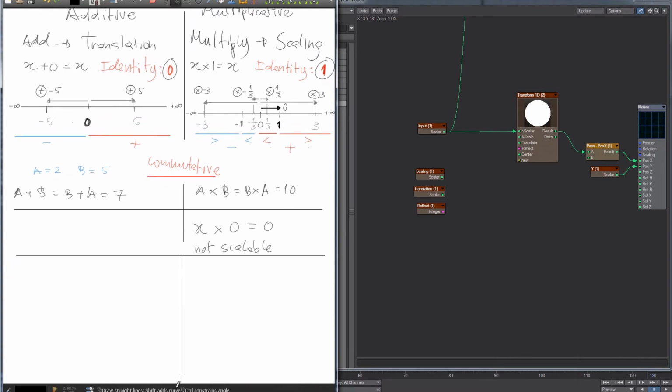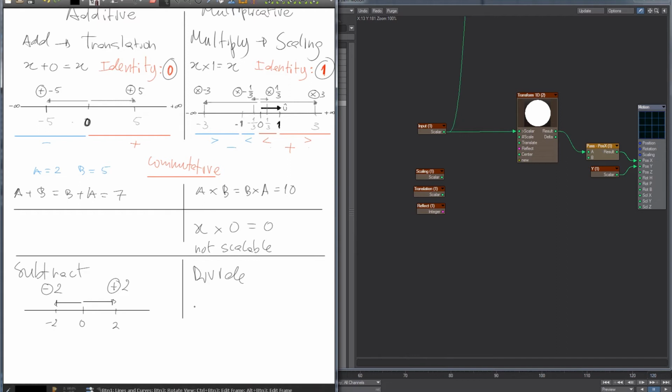Okay, so now I'm going to look into the inverse operations. And so on this side, we have the subtract node, and on this side I have the divide node. And so they perform the inverse operation. So let's see, if I have here 0 and I came to 2 by adding 2, I'm going to go to -2 by subtracting 2.